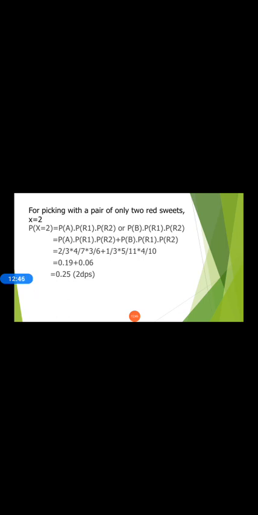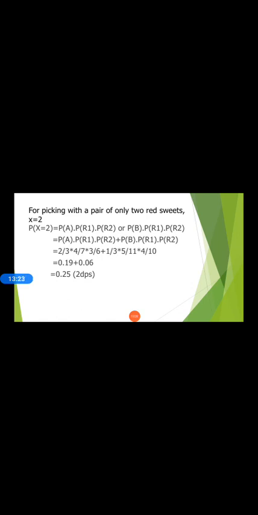Good. For picking a pair of only two red sweets, what does that mean? We are going to pick the sweets, but the two sweets removed will be red only, and X will be two red sweets. And the probability of getting two red sweets is the probability of picking box A times the probability of picking a red sweet times the probability of picking a red sweet for the second time. Or we can pick bag B, we pick the first sweet when it is red and the second sweet when it's red.